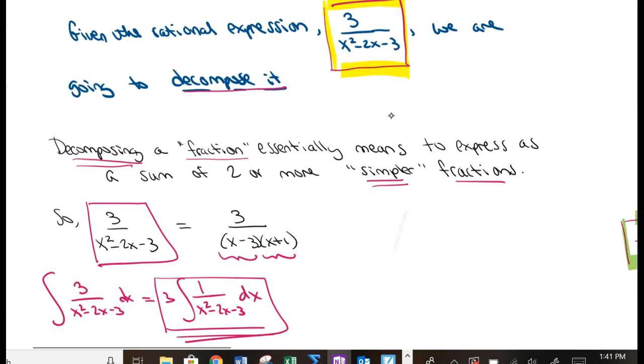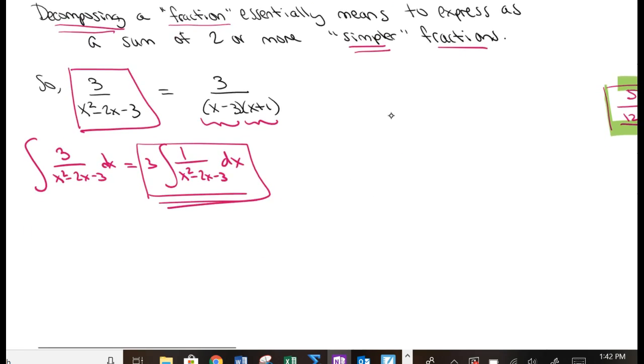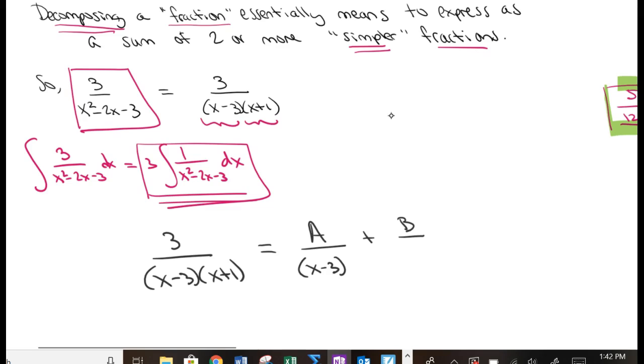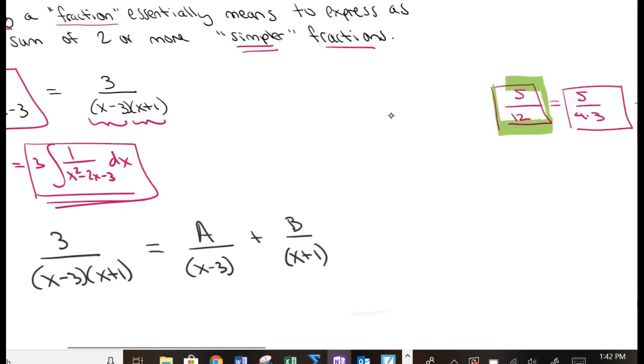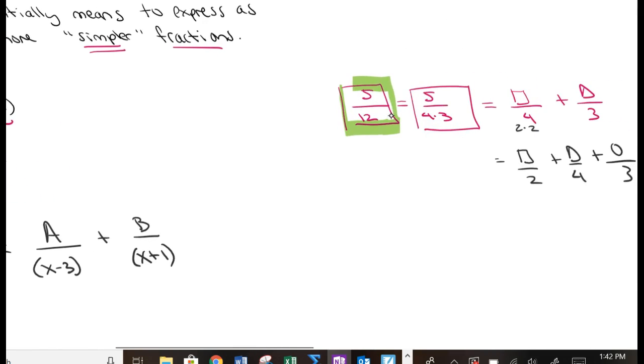Okay, let's go back here. So the task at hand is, if we have this fraction, 3 over x minus 3 times x plus 1, let's express this fraction, in quotes, as a sum of fractions whose denominators may be this. We don't know what A and B are, but we do know, just like in the example over here of 5/12, I could express 5/12 as a sum of fractions, one whose denominator is 4, one whose denominator is 3.